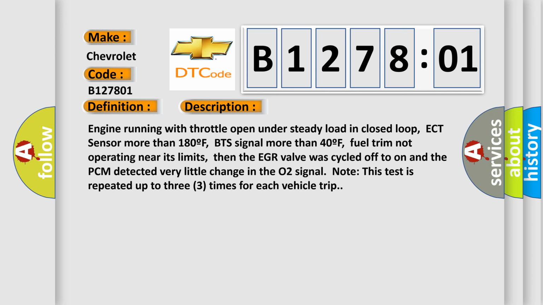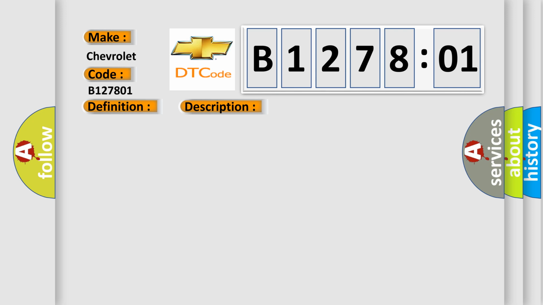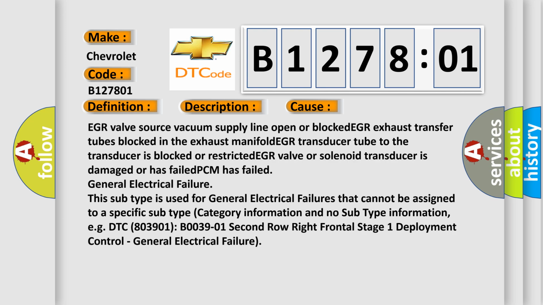This diagnostic error occurs most often in these cases: EGR valve source vacuum supply line open or blocked, EGR exhaust transfer tubes blocked in the exhaust manifold, EGR transducer tube to the transducer is blocked or restricted, EGR valve or solenoid transducer is damaged or has failed, PCM has failed, general electrical failure.